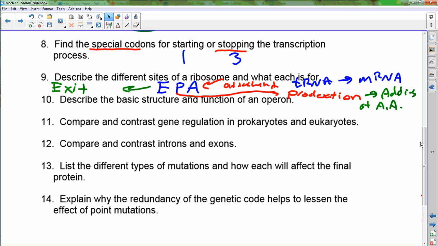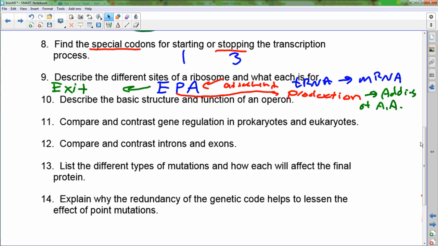I'm not going to ask you for the place. You just need to be able to describe. Okay, so yeah, you're right. The order that we learn these in, as far as putting them down that way, it just has to do with the diagrams.